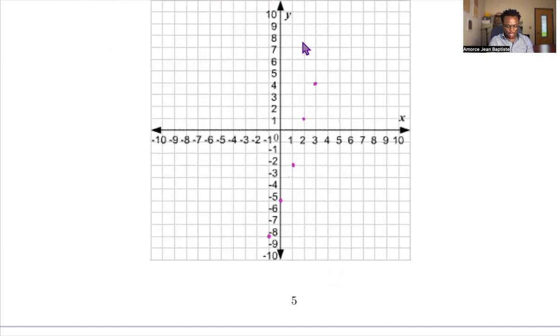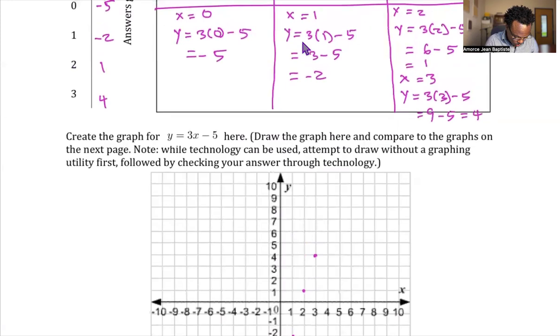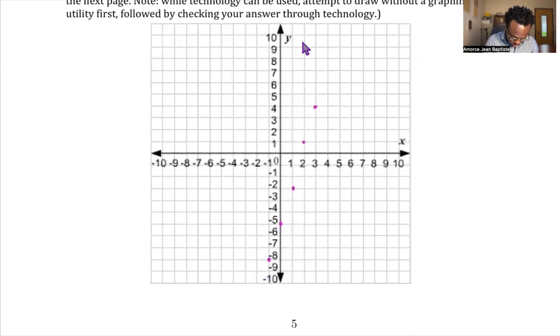So obviously you see how all of them are on the same line. Check again. 2, 1. 1, -2. X equals 1, y equals -2. Okay, so this one's a little off.